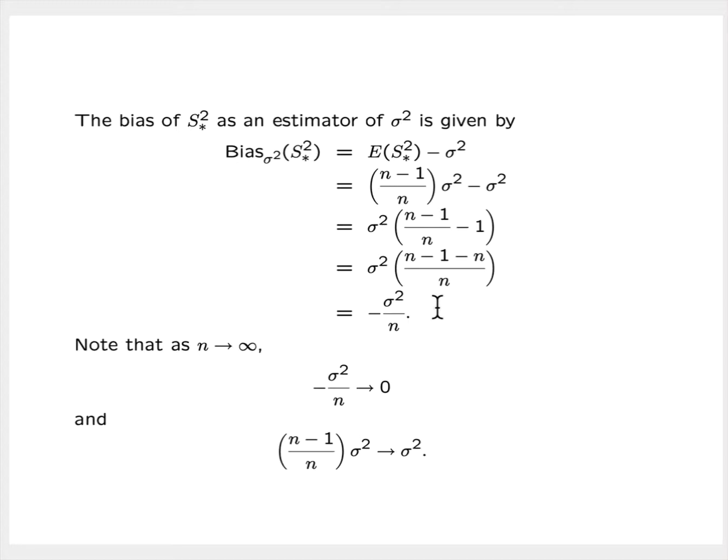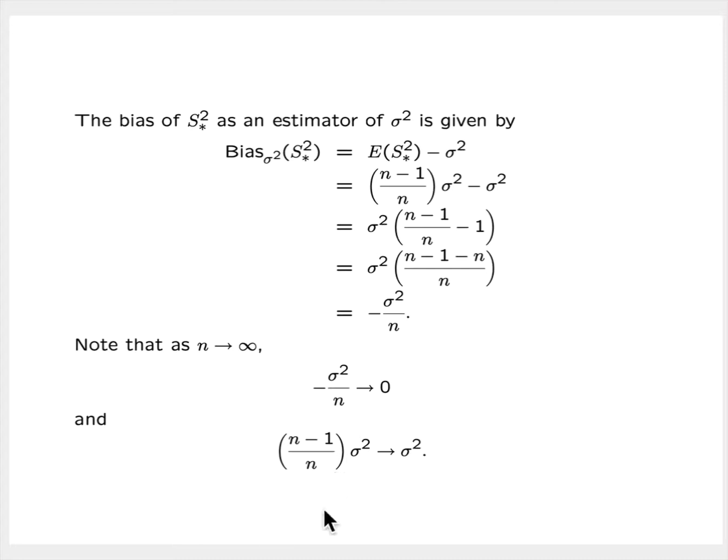So the bias of S star squared as an estimator of sigma squared is negative, number one, right, because it tends to underestimate sigma squared. And it depends on both sigma squared and n. Now you can see that as n increases, this quantity is going to get closer to 0. And in particular, as n goes to infinity, the bias is going to converge to 0.